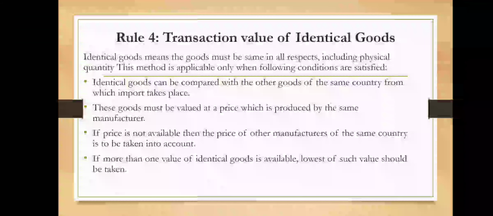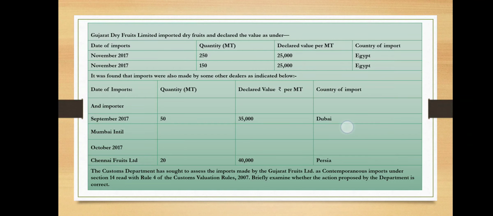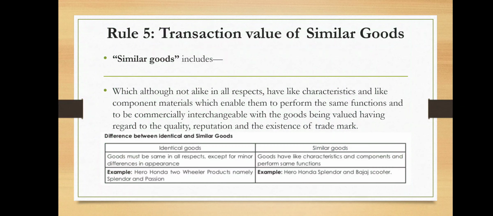Coming to the next method, that is the transaction value of similar goods. Just as we have seen identical goods, now similar goods, which are quite different from identical goods.